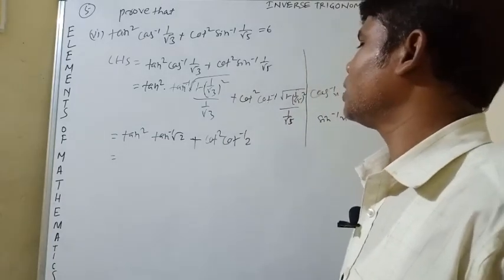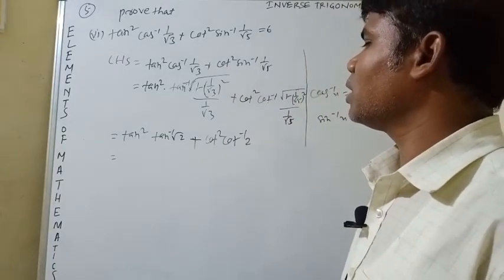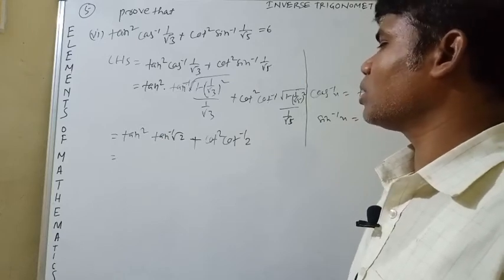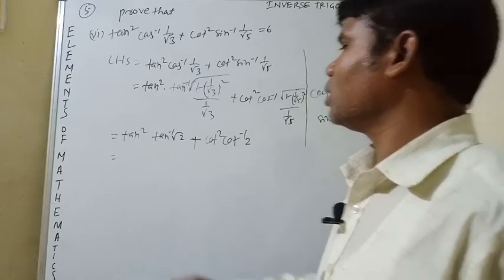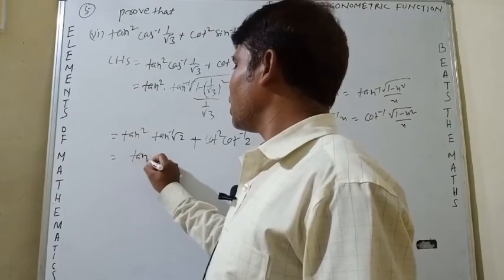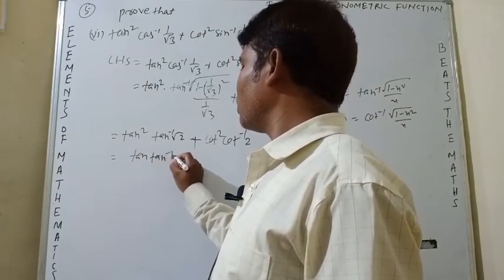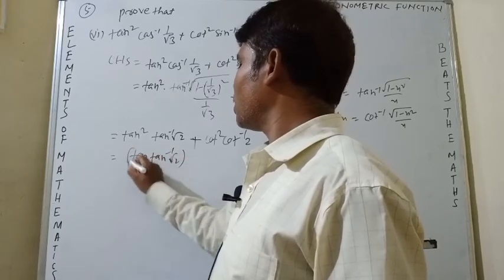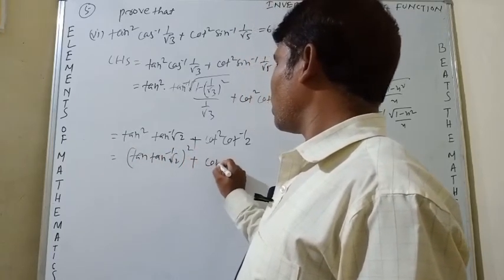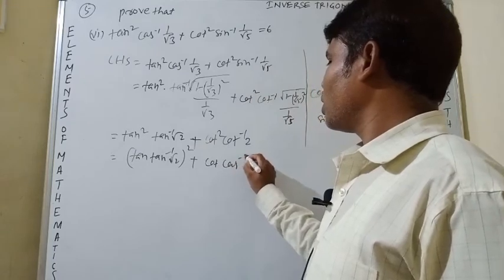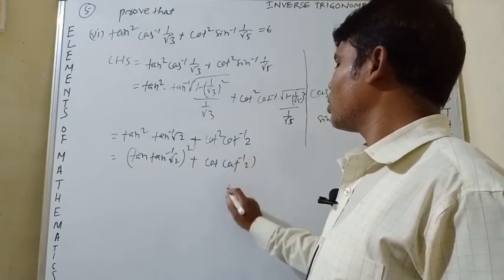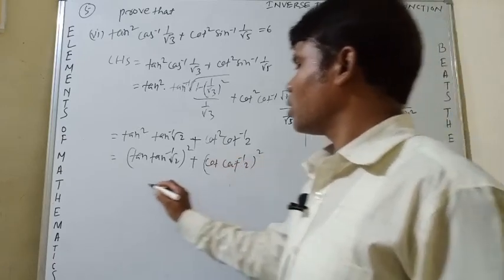You see, tan square tan inverse root 2 plus cot square cot inverse 2 is equal to tan inverse root 2 whole square plus cot inverse 2 whole square.